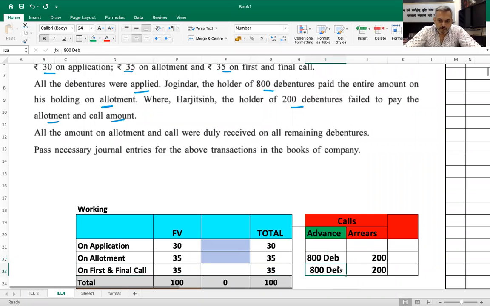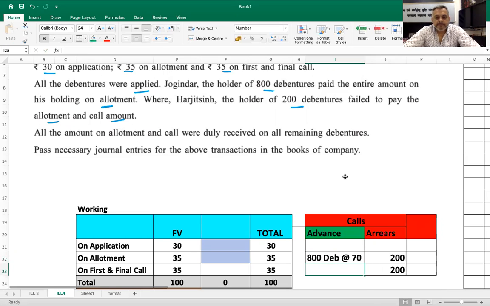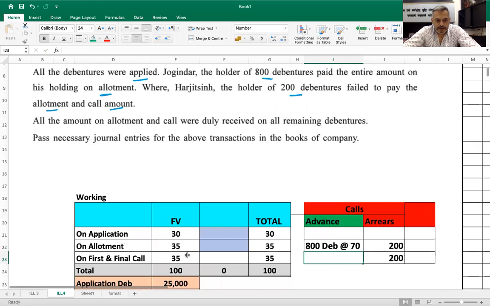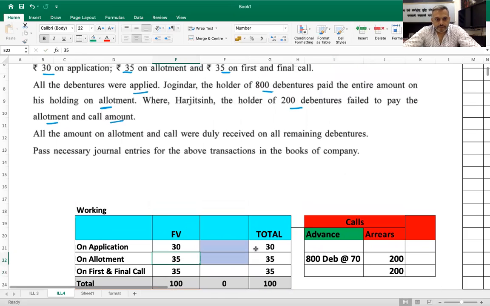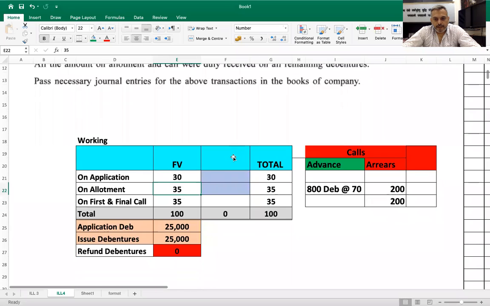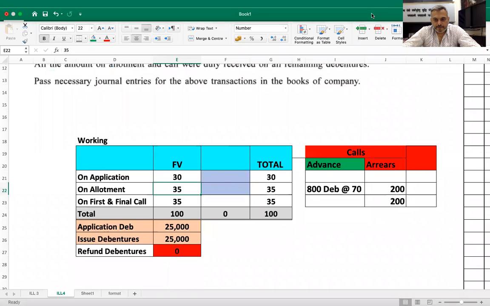Or if you don't want to do this type of working, you can also do 800 debentures at the rate 70. We received rupees 70. That is also what you can do: 35 for first and final call and 35 for allotment. Please do the working and then let's start with the sum.